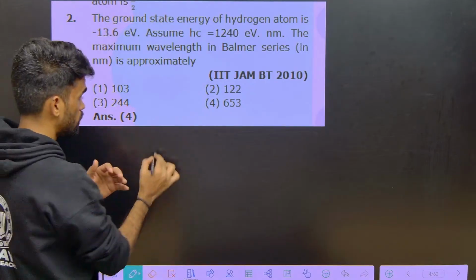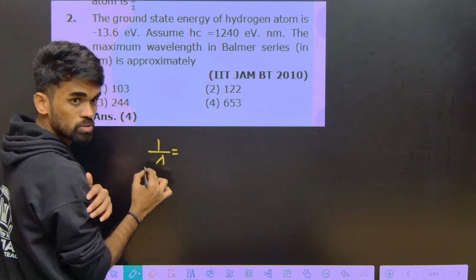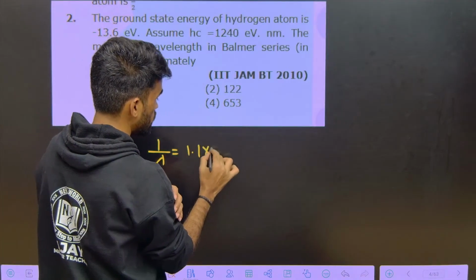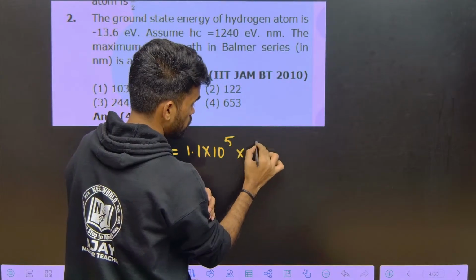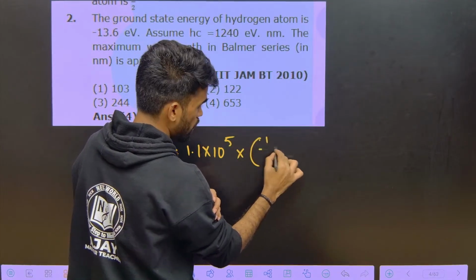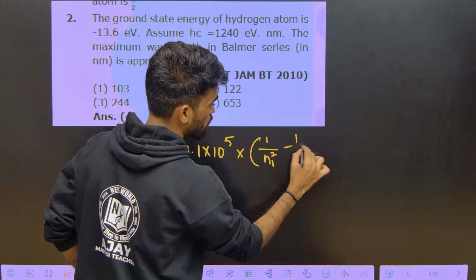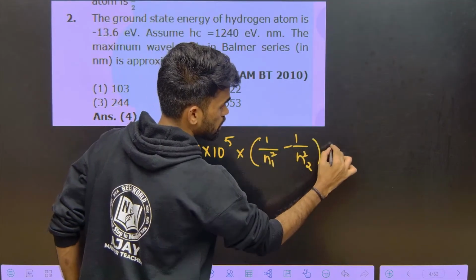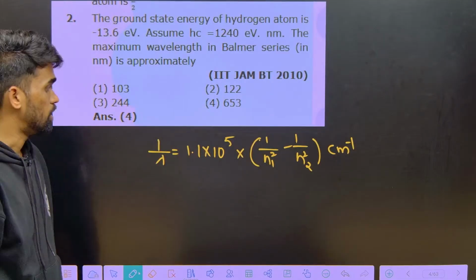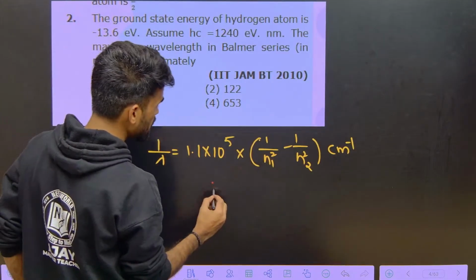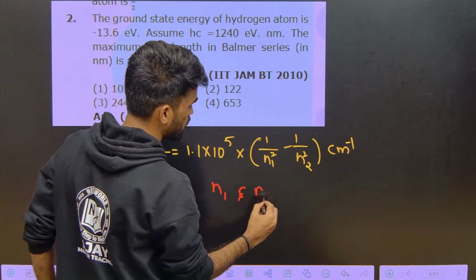What is it? 1 by lambda equals 1.1 into 10 power 5 into 1 by n1 square minus 1 by n2 square, centimeter inverse. Right? So now, what are the n1 and n2 values over here?